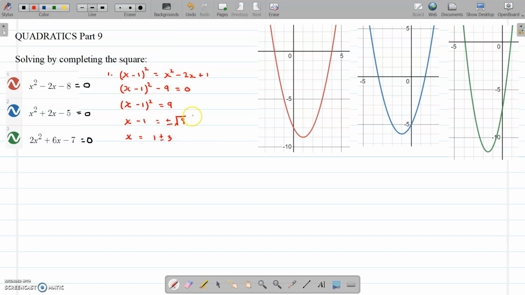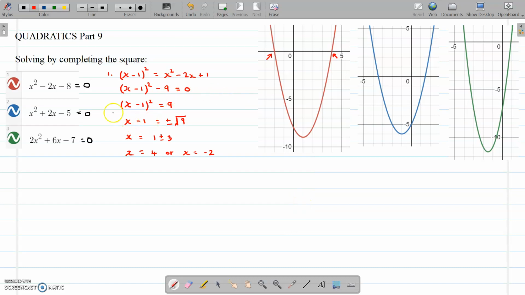Now the fact that the number under the square root is a square number means that this equation would factorize, and indeed it does. So the solutions are that x is 1 plus 3, or x is 1 minus 3, which is minus 2. And I think you can see on the graph, if you look at those two places there, there's the negative 2 and there's the 4.